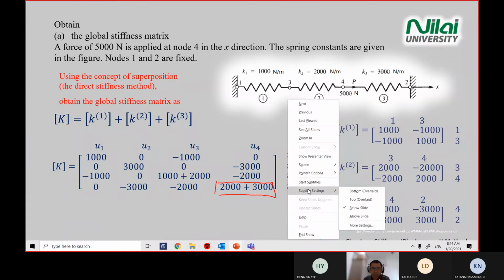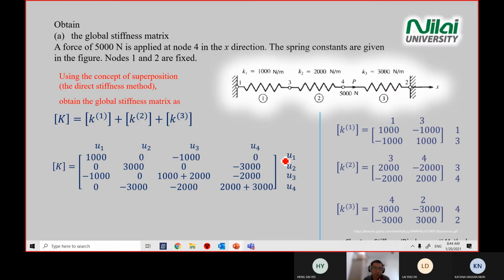Okay, good. Because this is important, this is a very popular question, or can say it's a popular procedure that we're going to evaluate students on. So be careful when you combine the individual matrix that you see on the screen here on the left hand side, on the right hand side. You combine these three into a global matrix. And then you write the total answer.